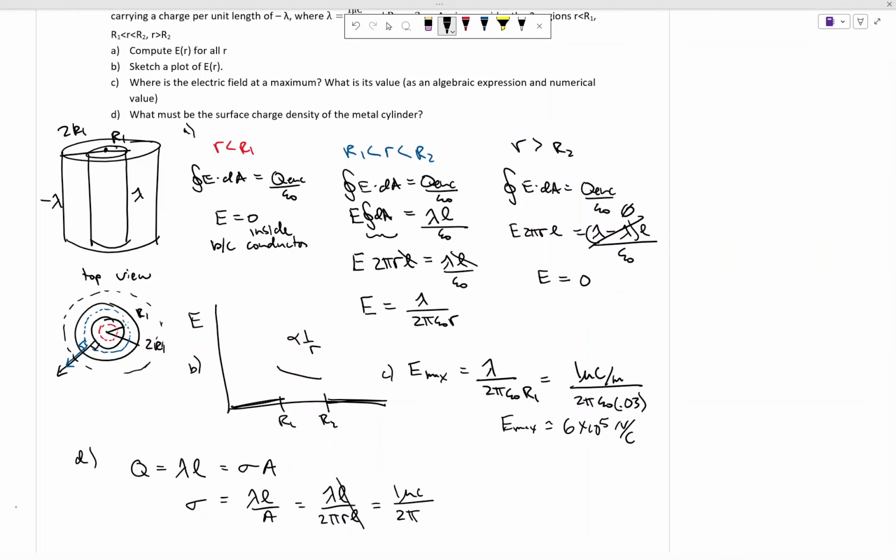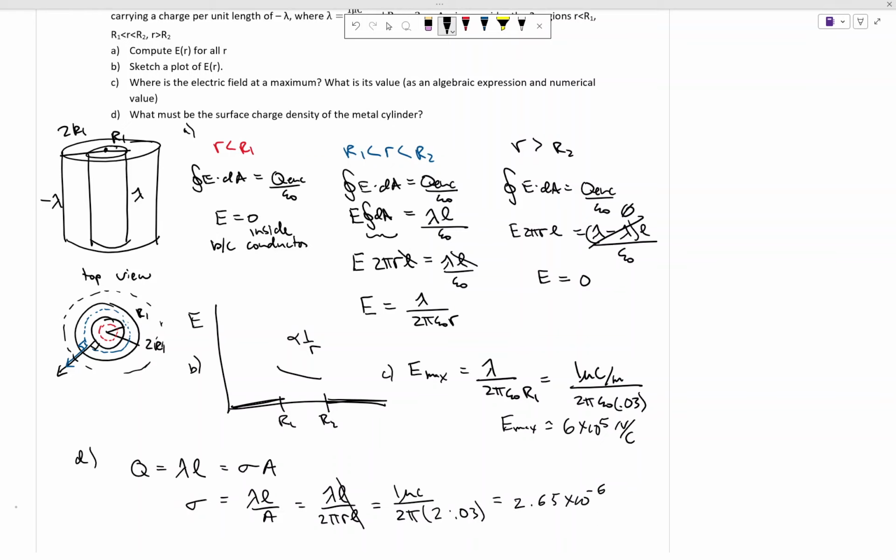So 1 microcoulomb over 2 pi R. You could compute it for either cylinder, but say the metal cylinder we're talking about is the outer one, then this would be 2 times pi times 0.03. If we crunch these numbers, we find that this gives us about 2.65 times 10 to the minus 6 coulombs per meter squared.